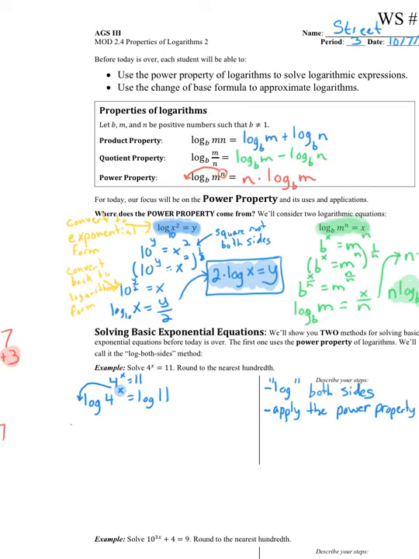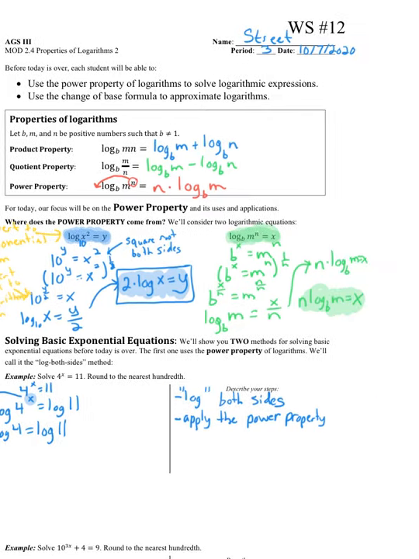And I can rewrite this as x times log of 4 equals log of 11. And really important to note here, the log both sides, I'm going to use log base 10 so I can put it in my calculator.